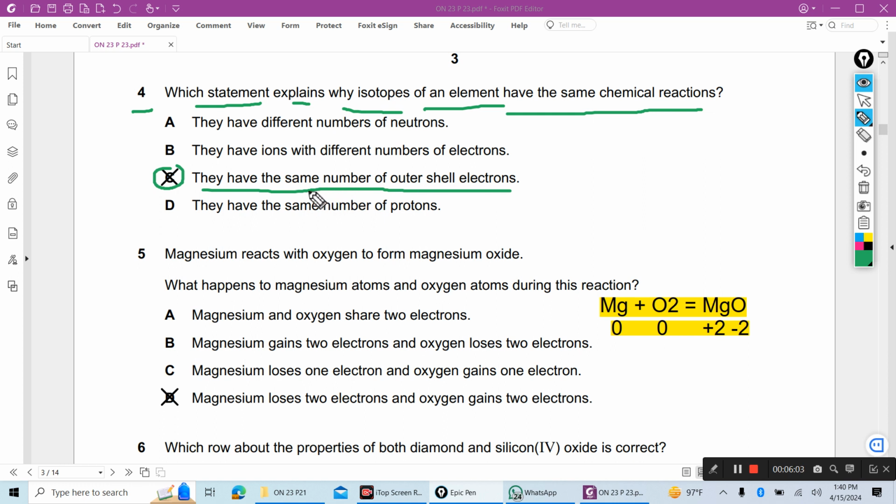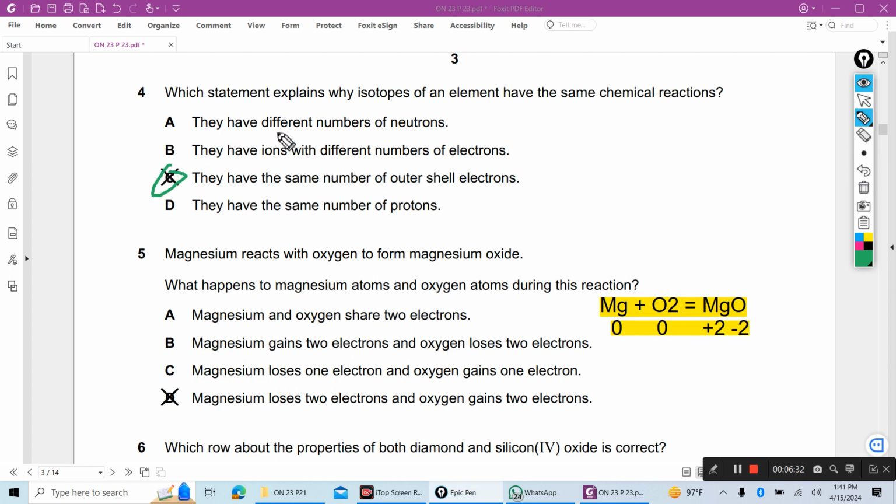Isotopes' chemical properties depend upon the electronic configuration. So as they have the same chemical reactions, they have the same number of outer shell electrons. So C is the correct answer.